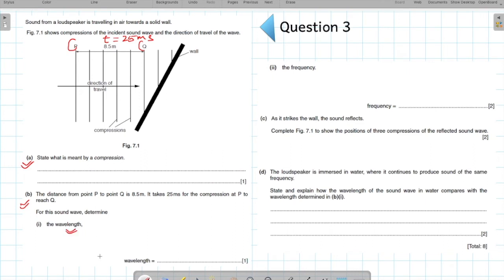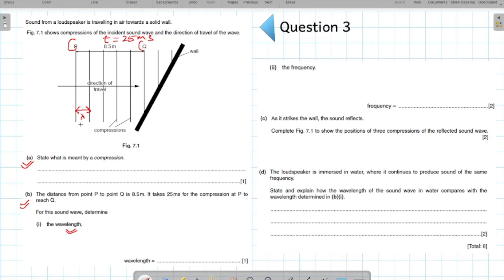What is the wavelength? When you are given the wavefronts, it is the spacing between consecutive wavefronts. This is your wavelength. If you do not know how to find the wavelength when you are given the wavefronts, go through my theory video on waves and wavefronts.